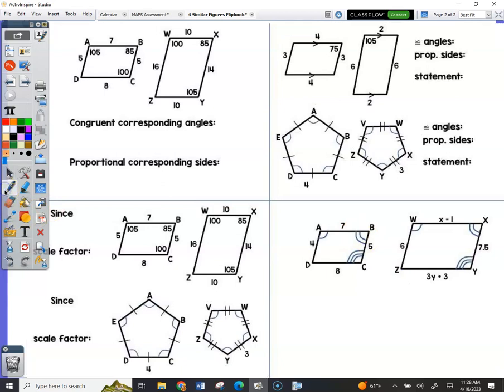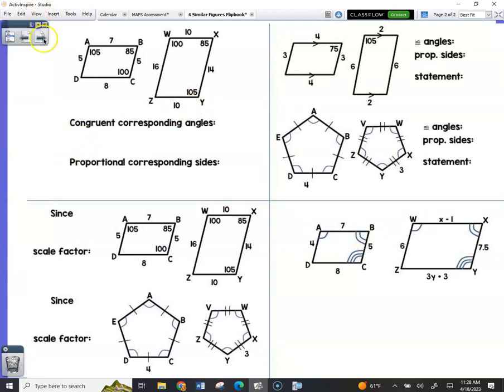Okay. So if you open it up, let's focus our attention on the top left first. Now we don't have triangles. This time we have quadrilaterals. It says, tell me what the corresponding angles are and tell me what the proportional sides are. So, can you do that?